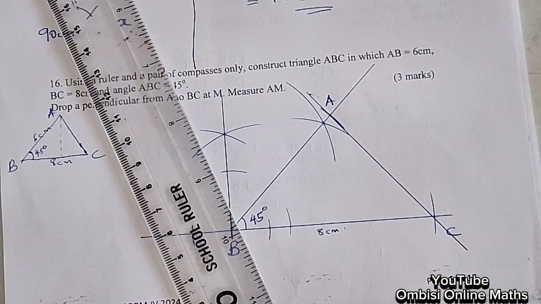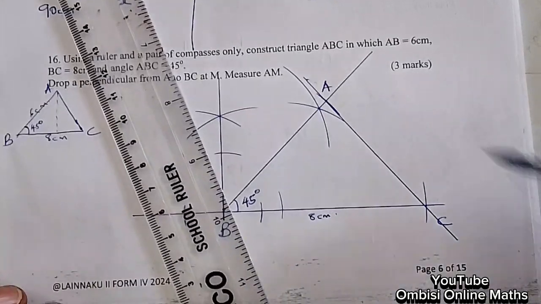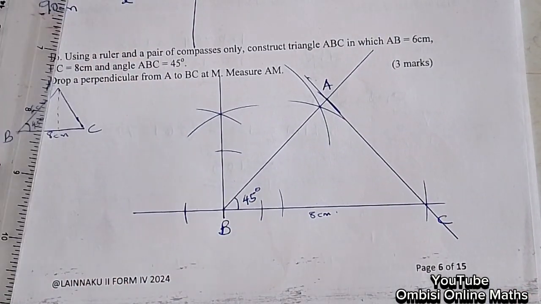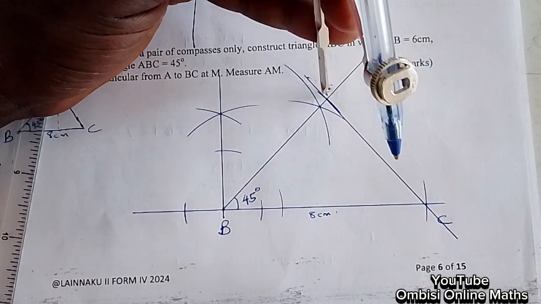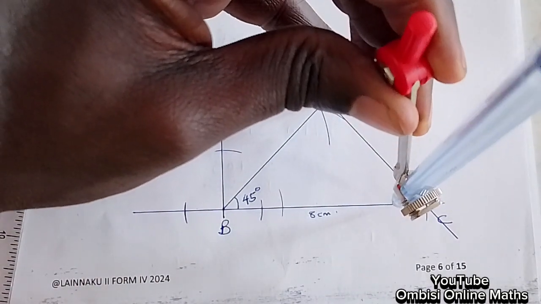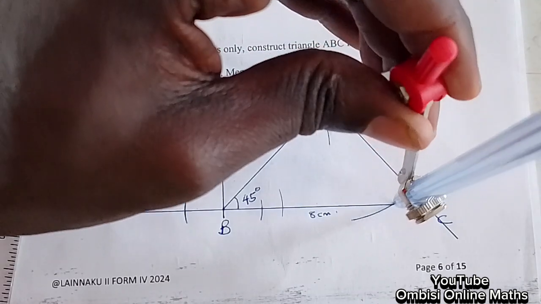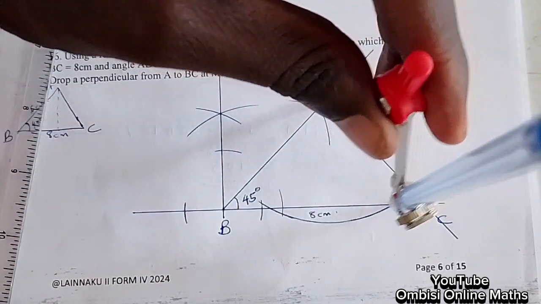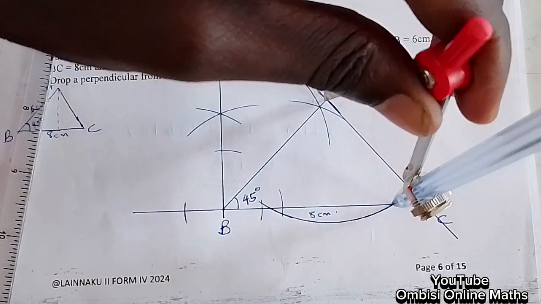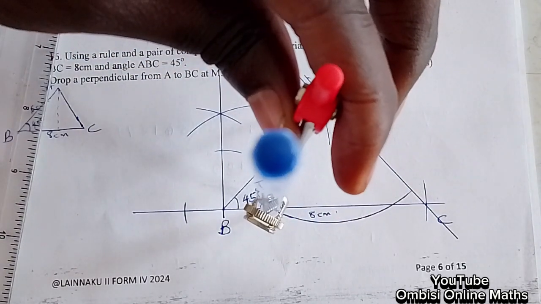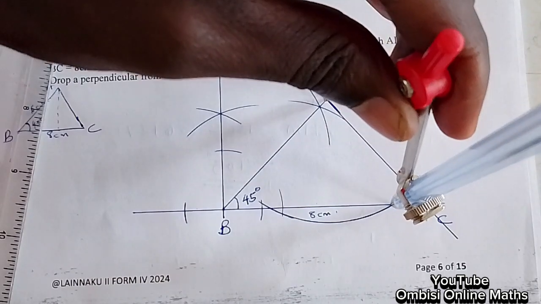Now, after that, we need to drop a perpendicular from A to this line BC. For us to drop a perpendicular, you anchor your compass at A. Stretch your pair of compasses in such a way that it's going to make an arc on line BC at 2 points, here and here.